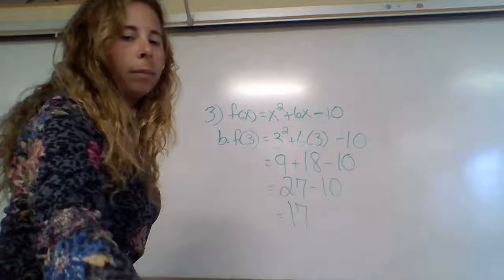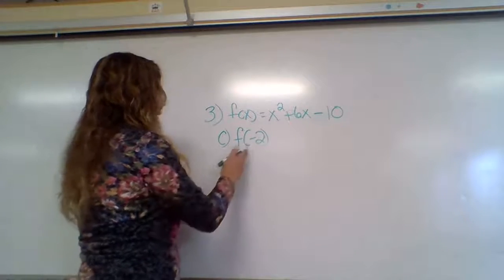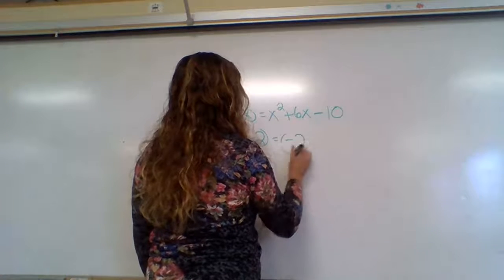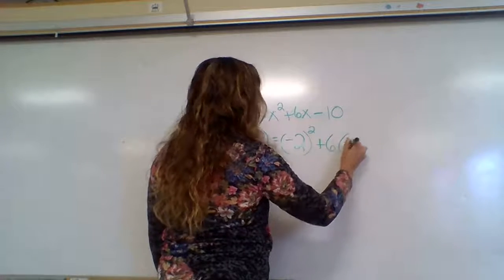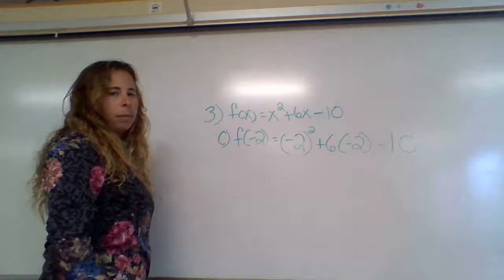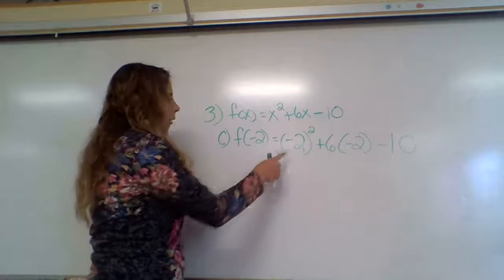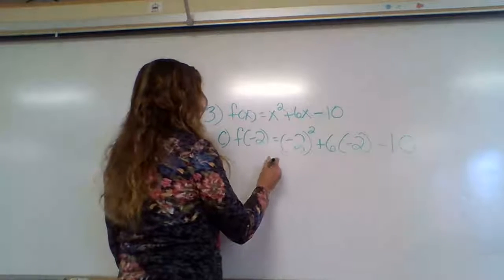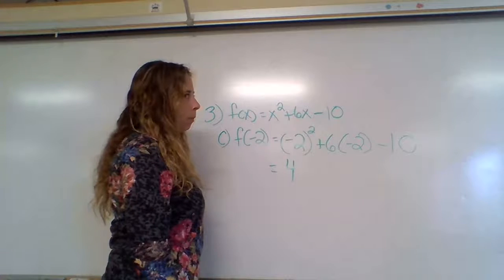Sweet. All right, here is C, f of negative 2. So I'm going to substitute negative 2 in for x. Negative 2 squared plus 6 times negative 2 minus 10. Well, I started to get a little lopsided there, my bad. So then solve. Negative 2 squared. Negative 2 times negative 2 is positive 4. 6 times negative 2 is negative 12.